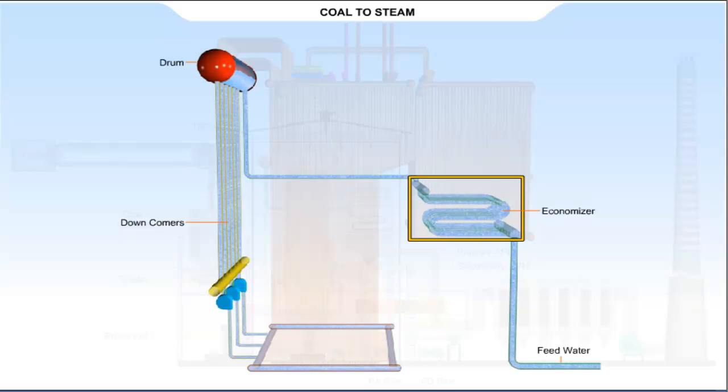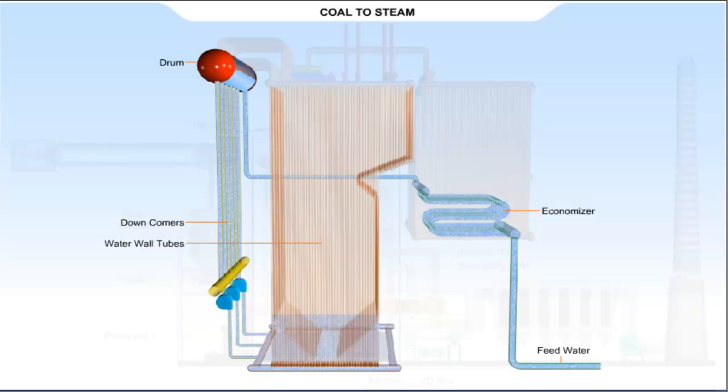Water then enters into the water walls, which forms the walls of the first pass of the furnace. Here, the boiling of water takes place and two-phase mixture of water and steam reaches the boiler drum again through riser tubes connected to the water wall outlet header. Water and steam separation takes place in drum.